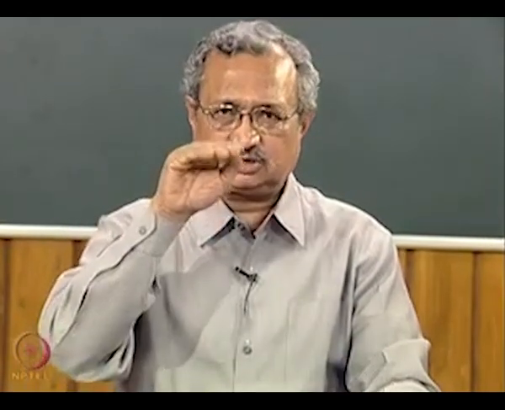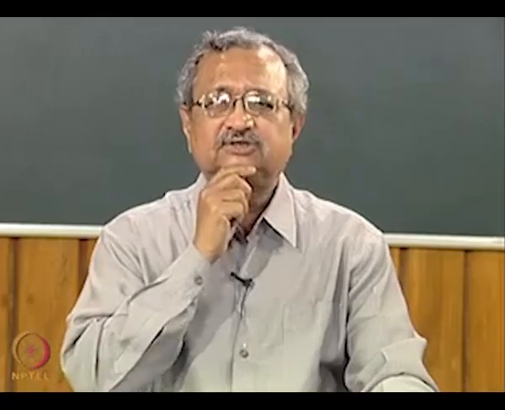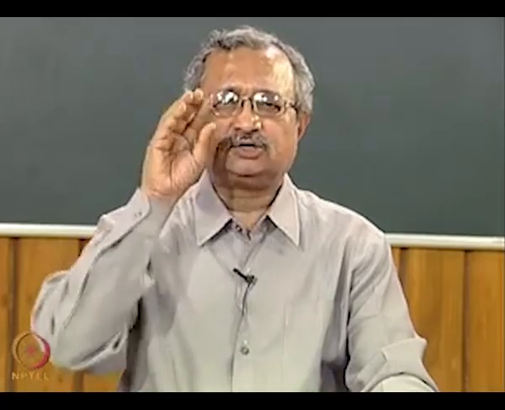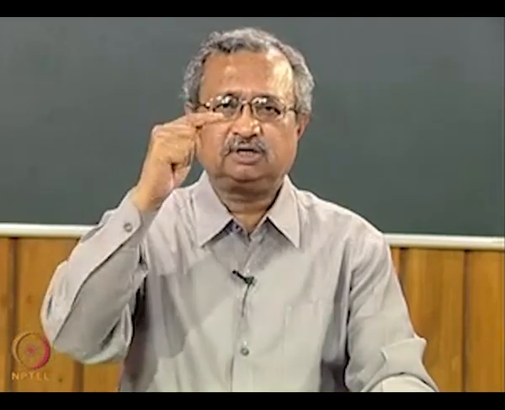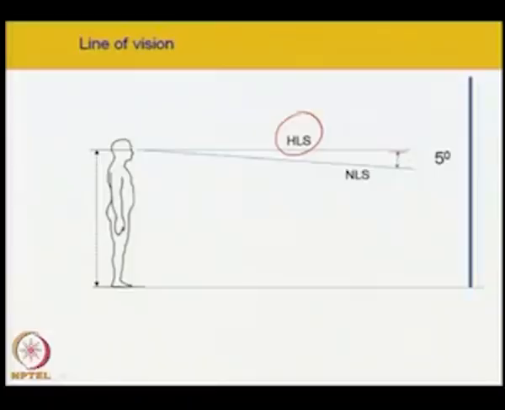Mostly, either we look a little below that horizontal line, around 5 degrees below, where our eye feels comfortable, or instead of only moving the eyeballs up, our chin goes up and the head tilts a little back, so the eyeball comes into a comfortable position to maintain that 5 degree inclination from the horizontal line of sight. That 5 degree inclination below is called the normal line of sight.